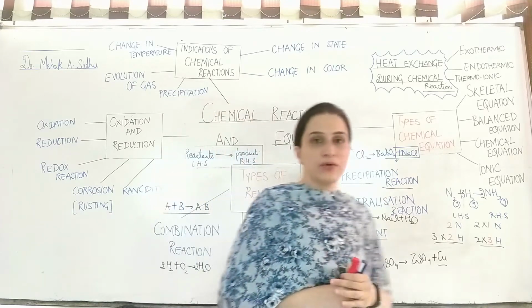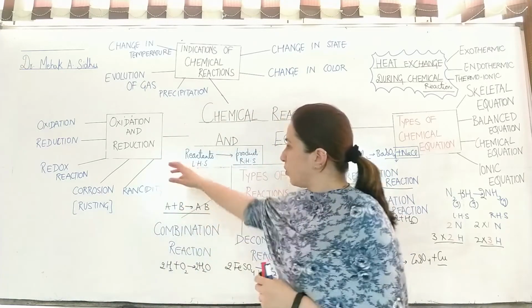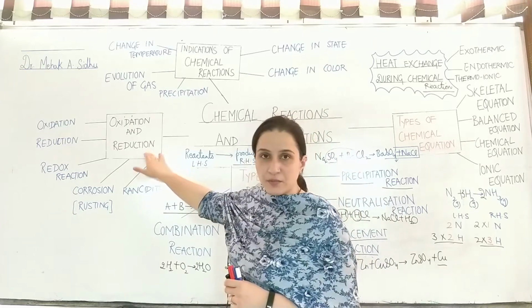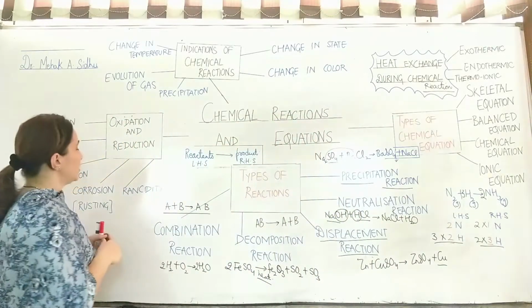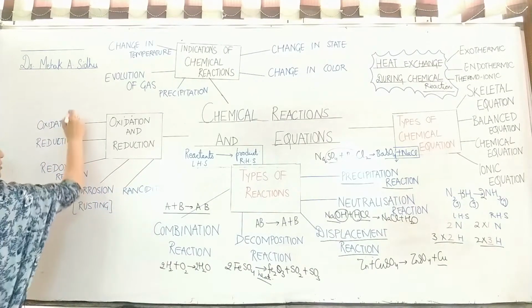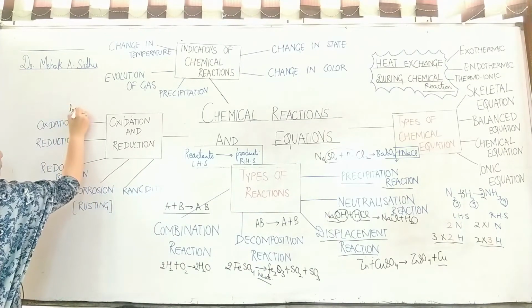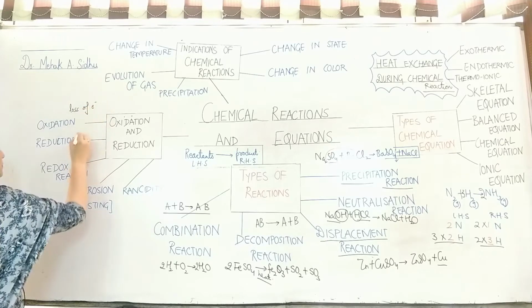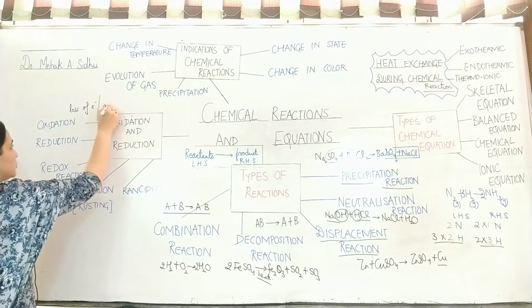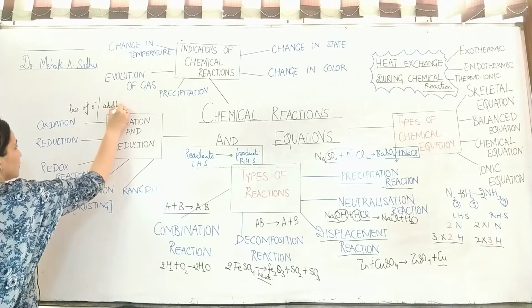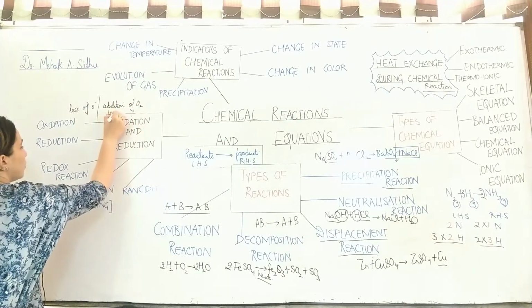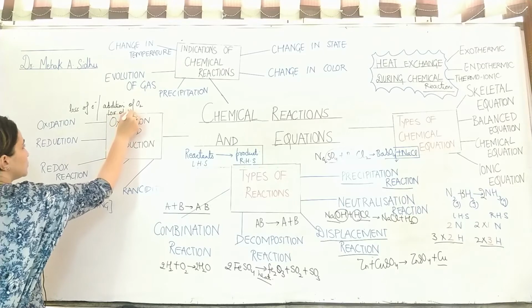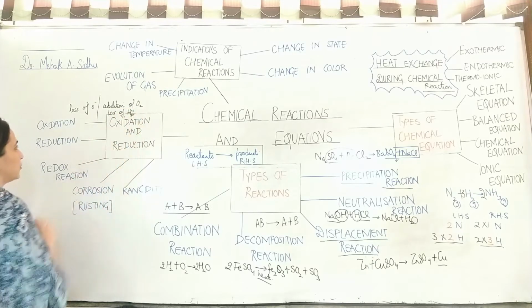Now I am coming to another topic, that is oxidation and reduction. Many students get confused in this topic, so I am quickly revising what is oxidation. Oxidation is loss of electrons or addition of oxygen or loss of hydrogen, the removal of hydrogen.